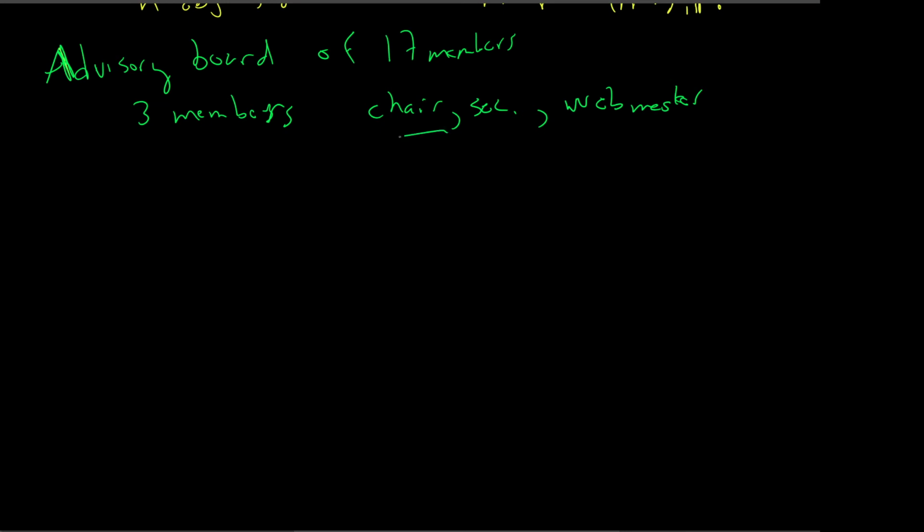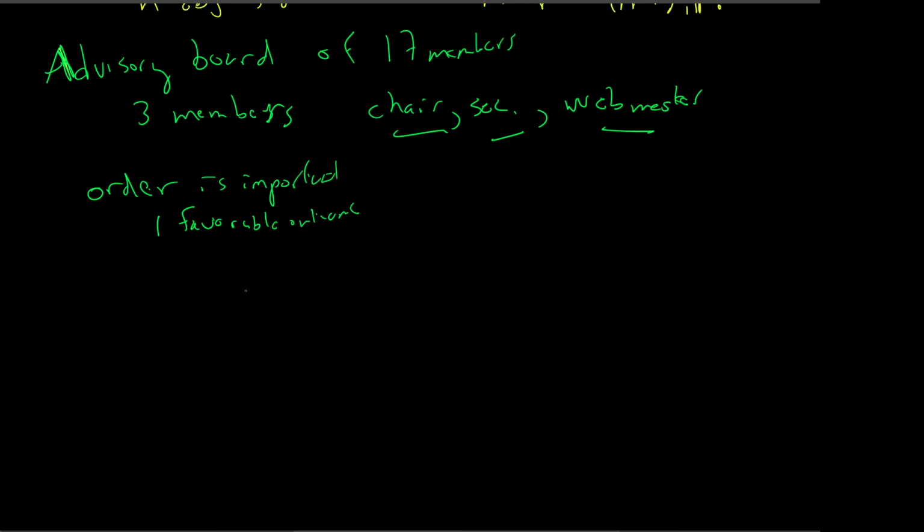So there's 3 distinct things. Order is important. There's only one favorable outcome. And so, right, if I grab these 17 people and I get them into the right positions.